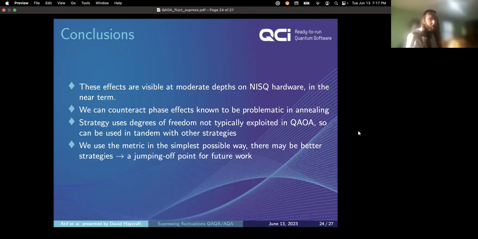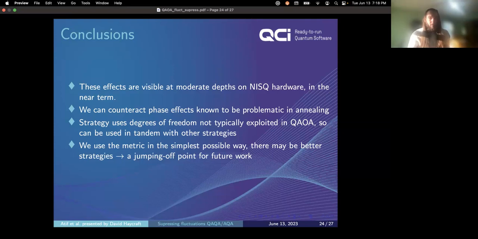And finally, this was just a simple proof of concept. We used a single metric. We didn't really compare it to any other way of doing this particular suppression strategy. There may be better strategies for handling the thresholding, as well as potentially a different metric that may perform better.